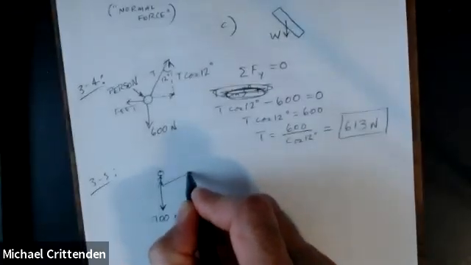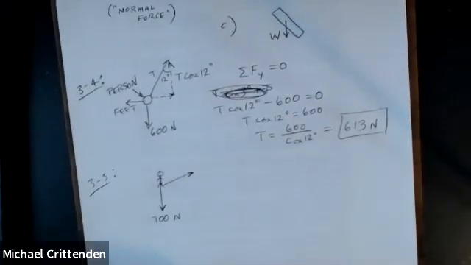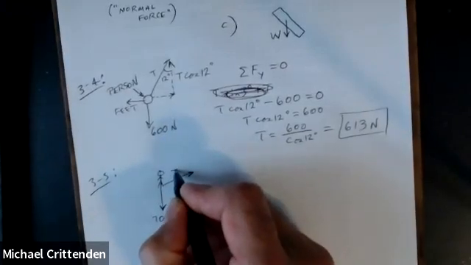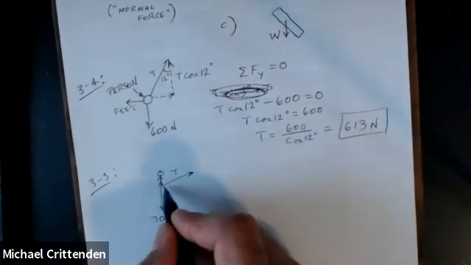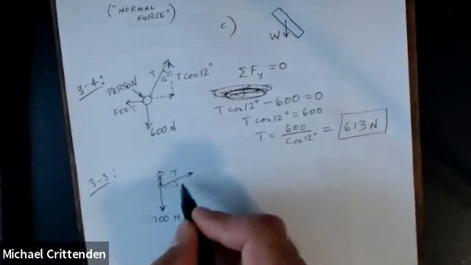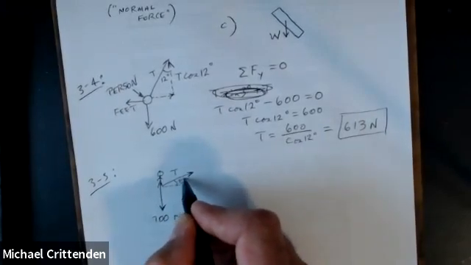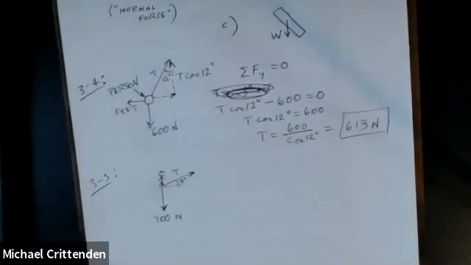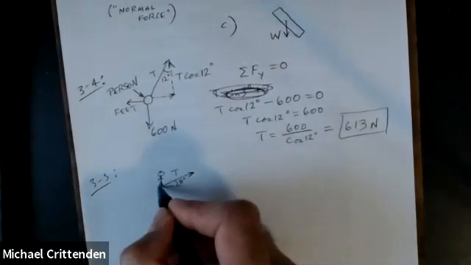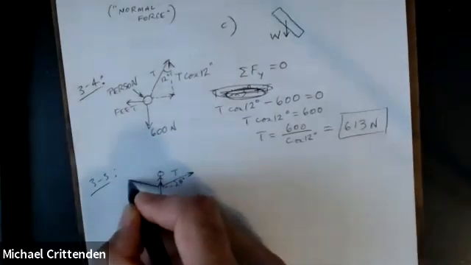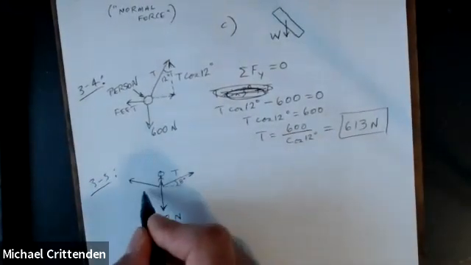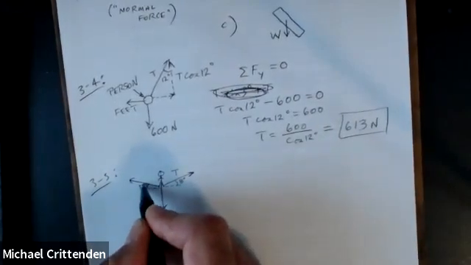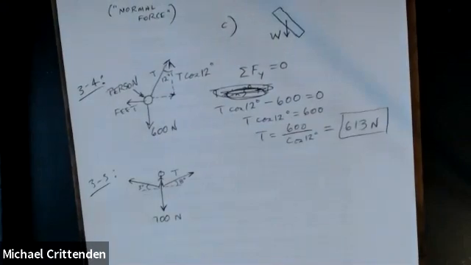The section of rope on this side, I'm going to use the letter T for tension once again. The rope on that side is 8 degrees above the horizontal. And over here, the part of the rope that's on the other side, that's 3 degrees above the horizontal.